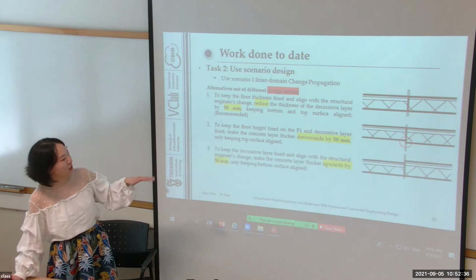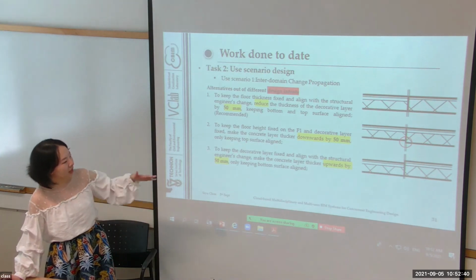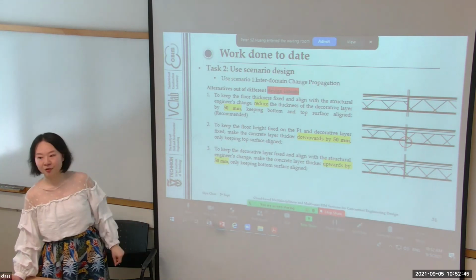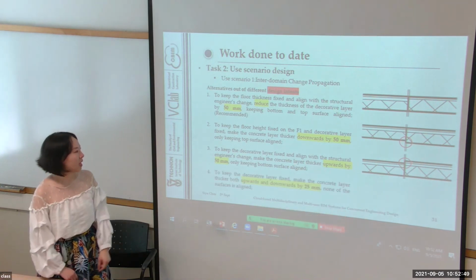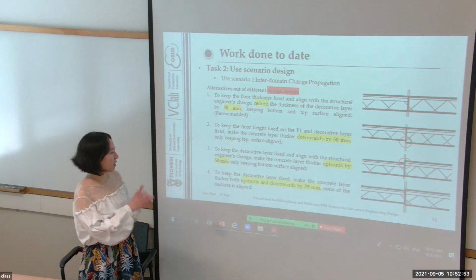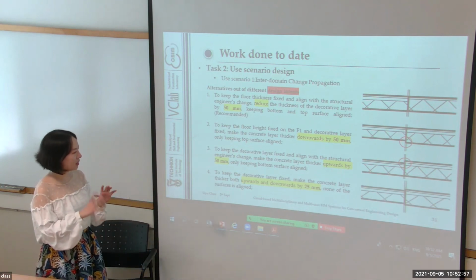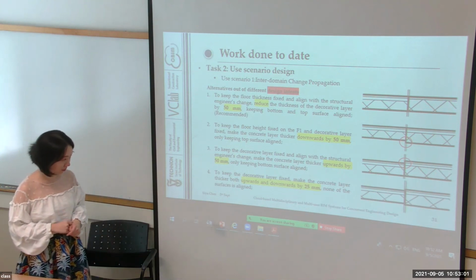And the third option is, for some reason, to make the concrete layer thicker upwards by 50 millimeters. And the last one is to make the concrete layer thicker both upwards and downwards by 25 millimeters.